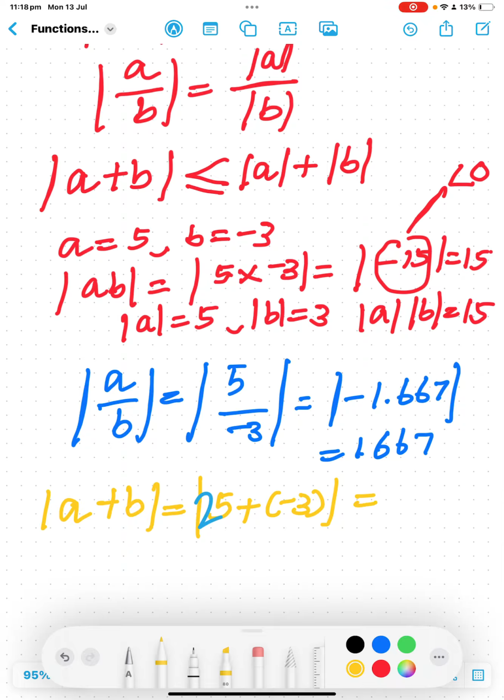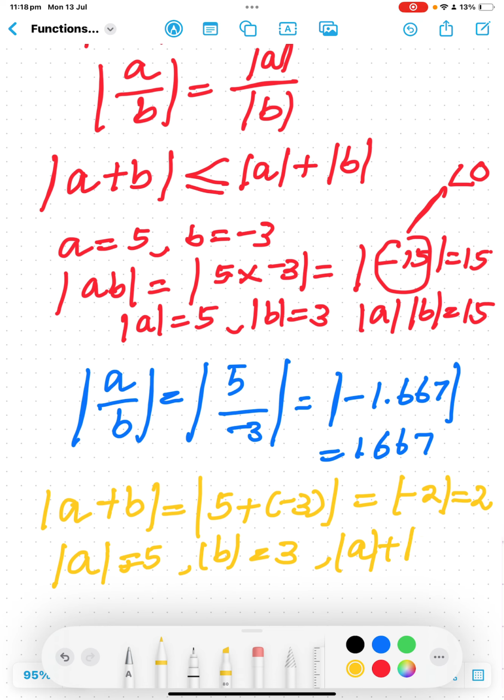Modulus would be modulus of -2, that equals 2. Modulus of a equals 5. Modulus of b is 3. Therefore modulus of a plus modulus of b is 8.